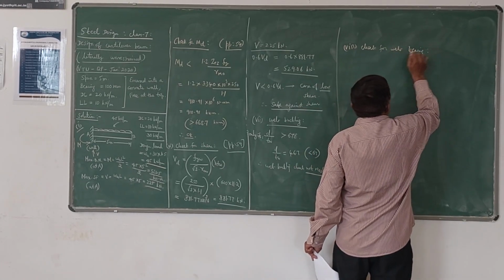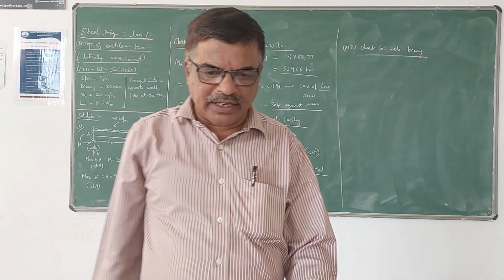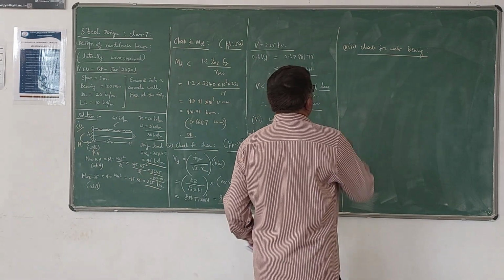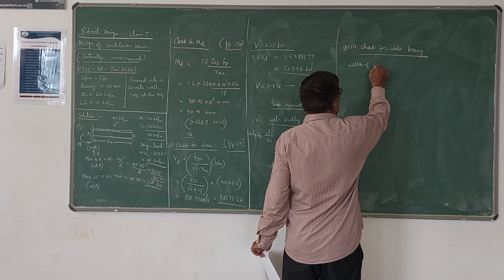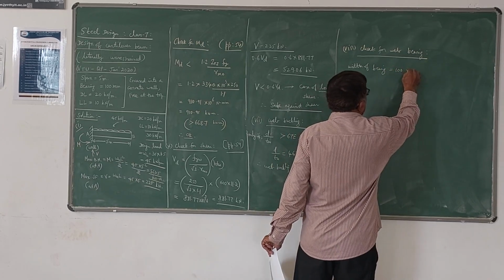So whether it is a simply supported or cantilever or any beam, if a bearing check is asked, here of course in this case he has given the width of bearing as 100 mm. Even if he has not given, you can assume bearing width as 100 to 125 like that.